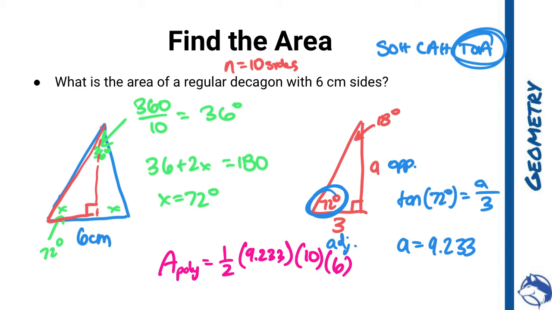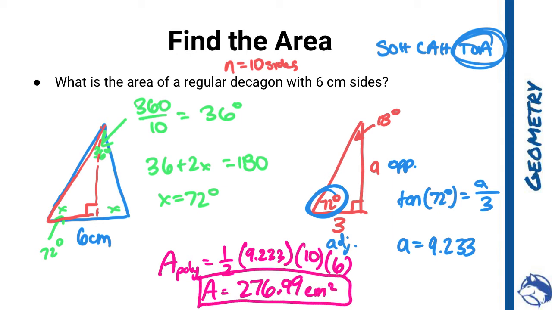When I go ahead and I just do that on my calculator, I'm going to get the area is equal to 276.99, and this is going to be centimeters squared. Do not forget your units.